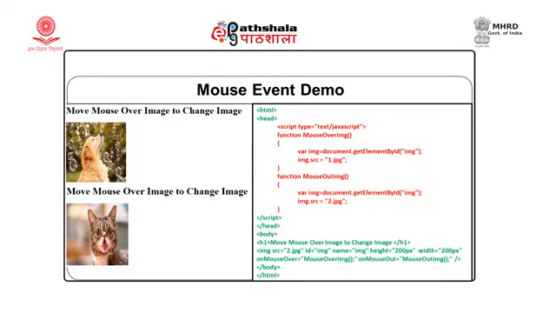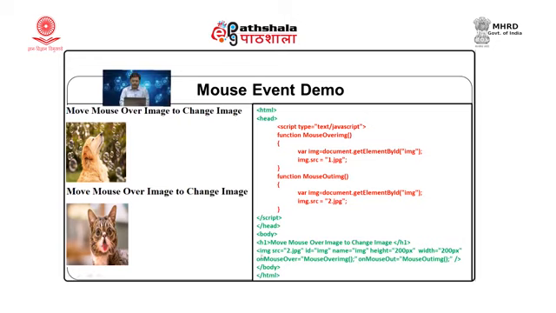The next code demonstrates a mouse event. So, here I have one image which initially displays this dog picture, and when I move the mouse over this dog, it will convert it into a cat. So, how will this work? Let us see.